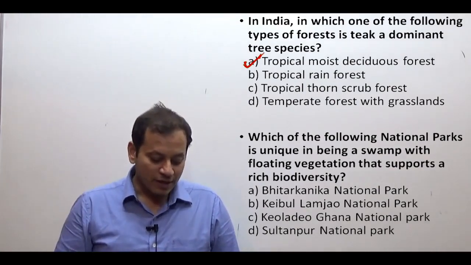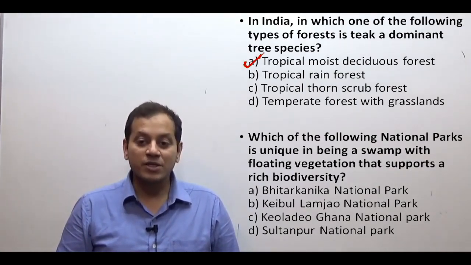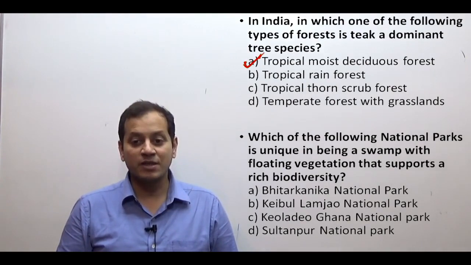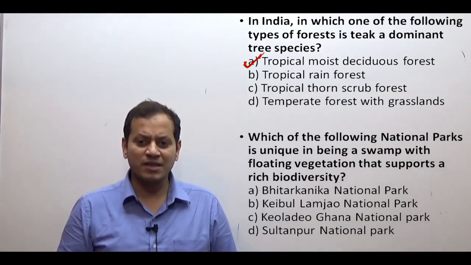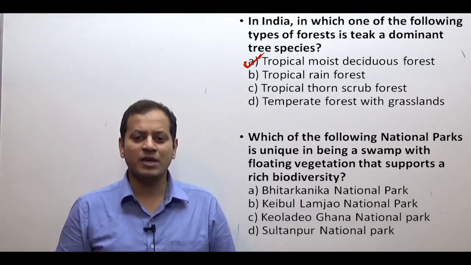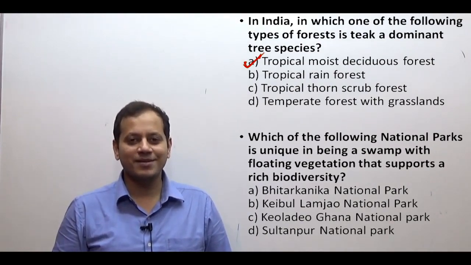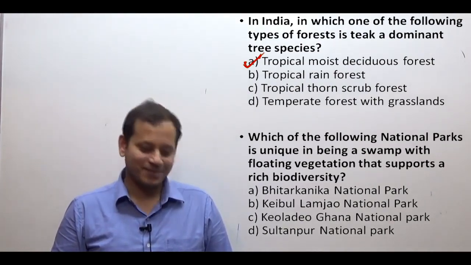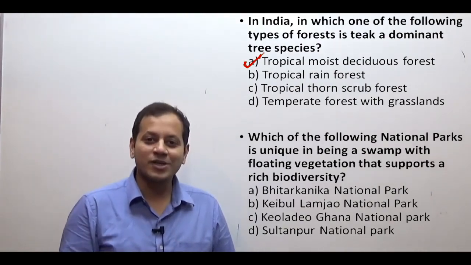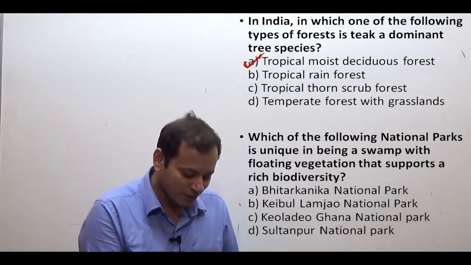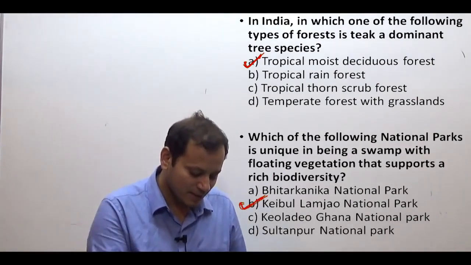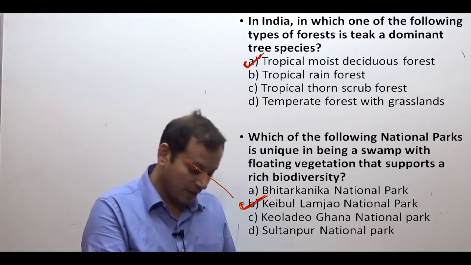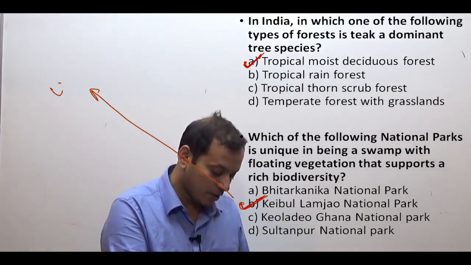Which of the following national parks is unique, being a swamp with floating vegetation that supports rich biodiversity? Bhitarkanika, Keibul Lamjao, Kolleru, Sultanpur National Park. We have done Loktak Lake, Keibul Lamjao in the state of Manipur. So the answer is Manipur. In which lake? In the Loktak Lake.